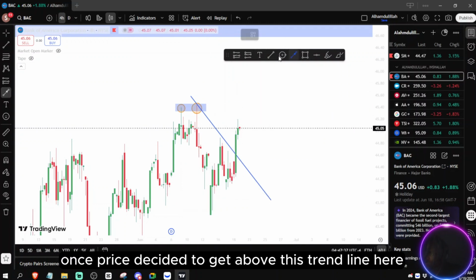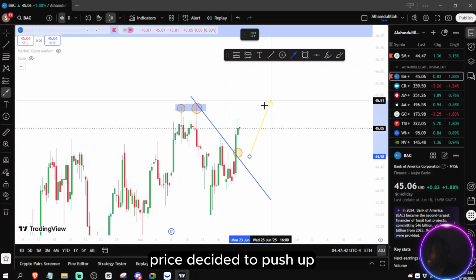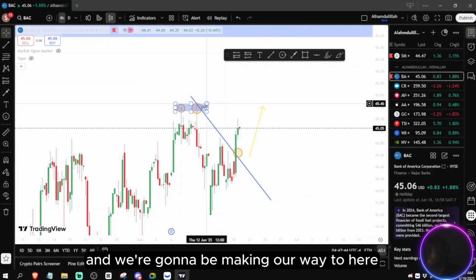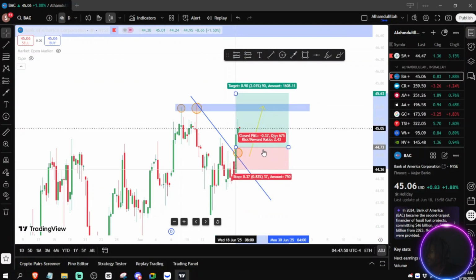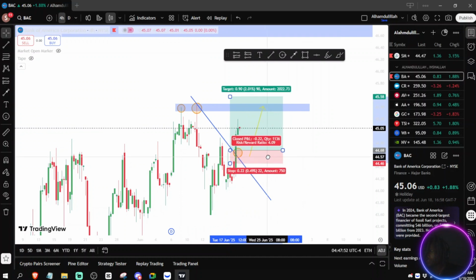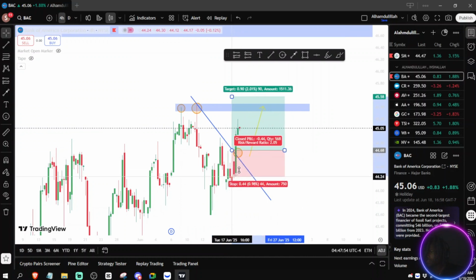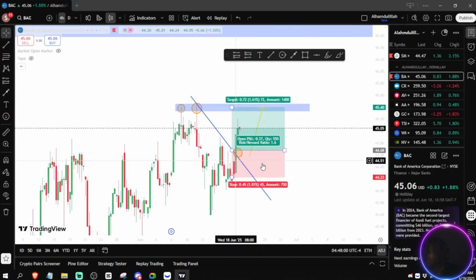As you can see, once price decided to get above this trend line here, price pushed up, and we're going to be making our way to here. Let's take profit. Boom.